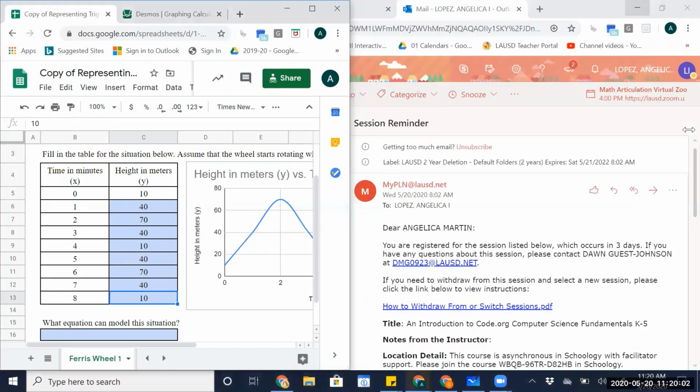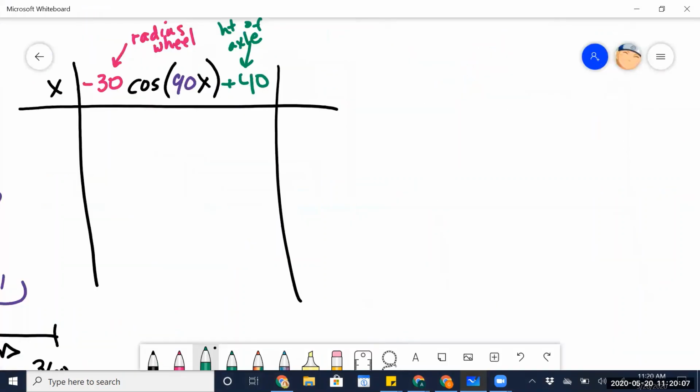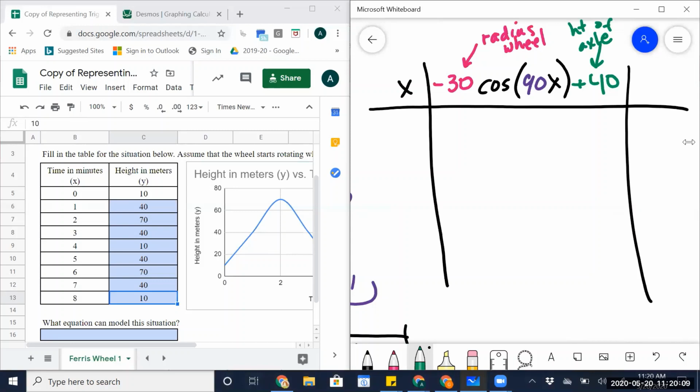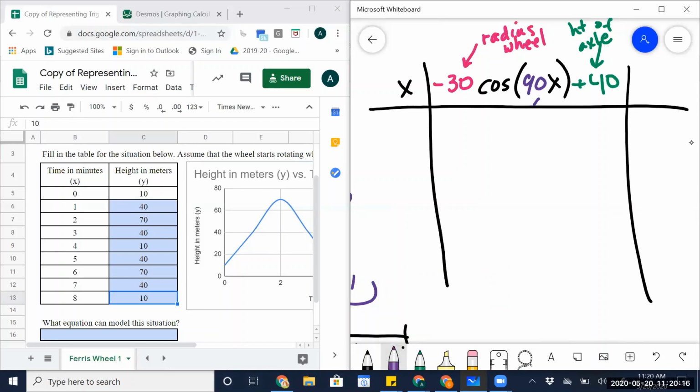The 90 comes from the fact that each cycle takes 4 minutes and we're going to have the 90 cycles.